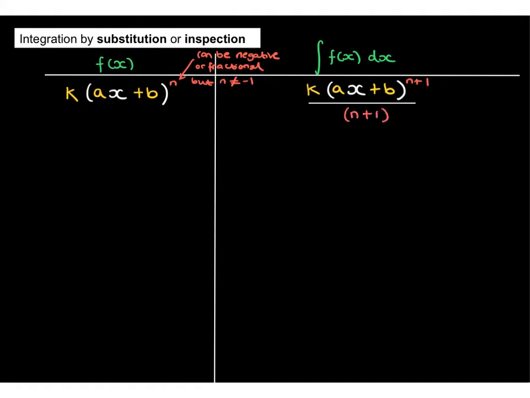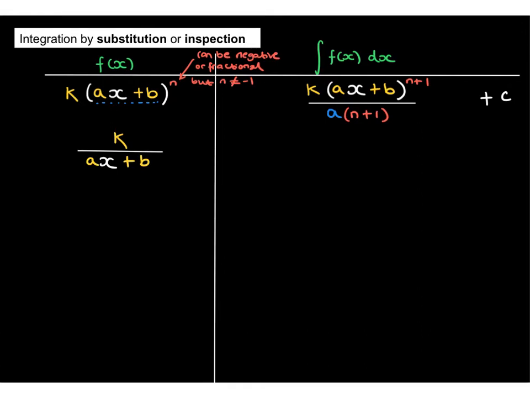But additionally, we also divide by the derivative of this inner function here, which is, of course, a. Don't forget there will, of course, be a plus c at the end, but we're not so worried about that for the moment. So we raise the power by 1, divide by the new power, and we also divide by the derivative of the inner function.